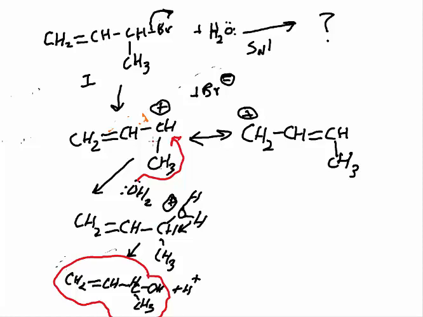All right, now let's do the same thing for the second resonance structure. We're going to assume or pretend that it's real and have it respectively form the product, namely when the nucleophilic water bonds to the positive CH2 carbon.